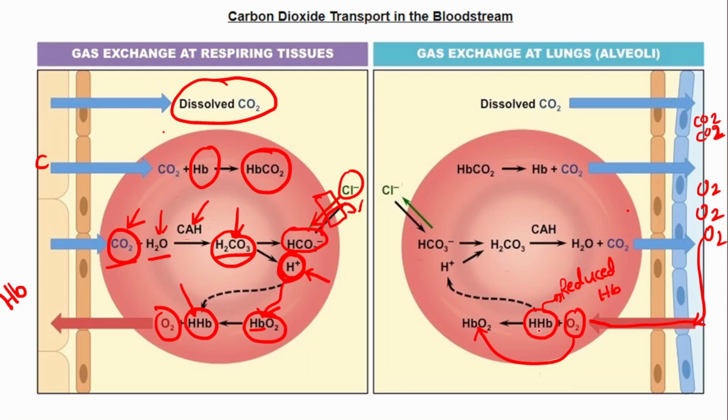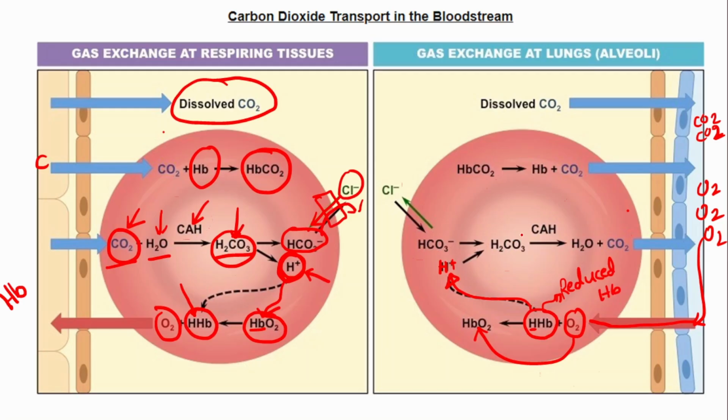And as a result, this proton or this hydrogen ion gets released back into the cytoplasm, shown here. This is the proton that got detached from the reduced hemoglobin we were talking about. This sudden drop in intracellular bicarbonate and rise in free protons drives the entire chemical equilibrium backward.